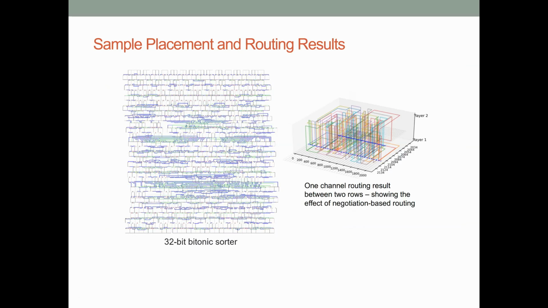And we can see some sample placement and routing results. Here are the placement and routing results of a 32-bit bitonic sorter. As we'll see later, this kind of bitonic sorter is a key part of neural network deployment. And this is the 3D structure of one-channel routing results. This technology is from the MIT Lincoln Lab.